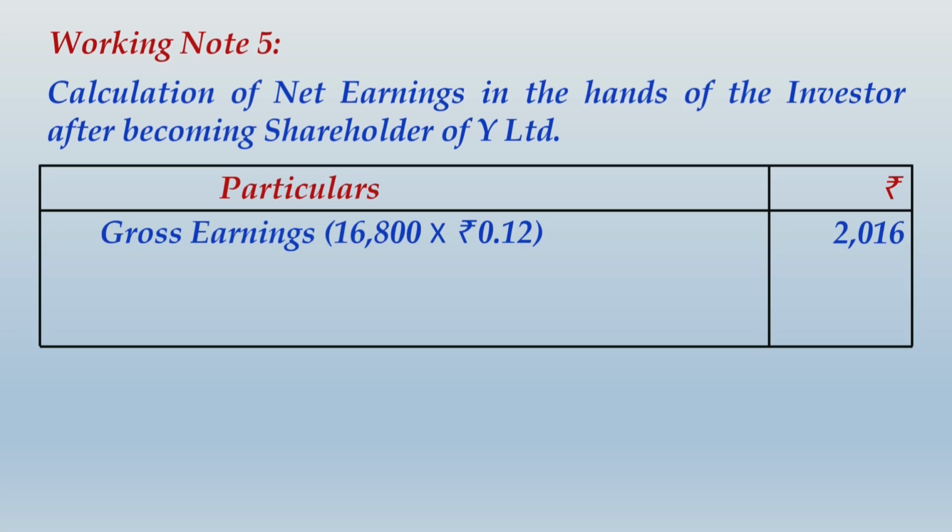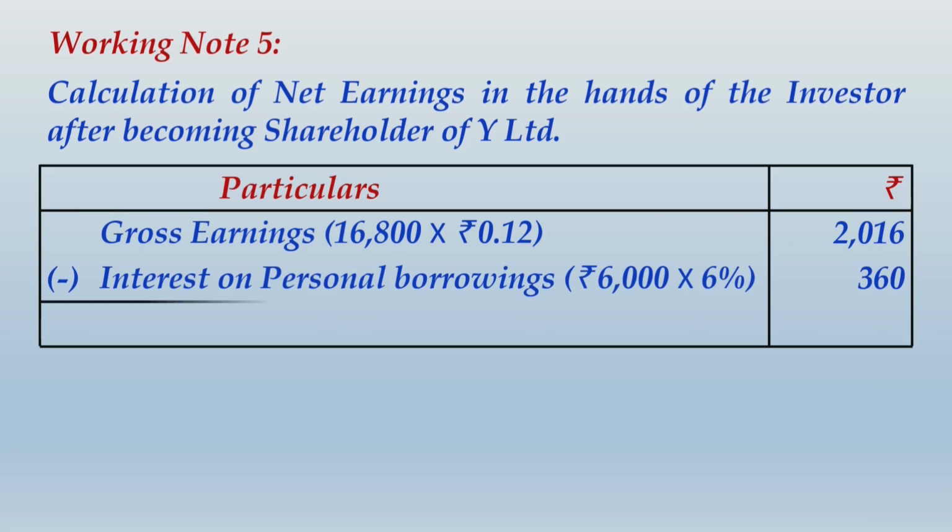So the total earnings or gross earnings will be 16,800 multiplied by EPS of Y company, that will be 0.12. So 16,800 shares now held in Y Limited multiplied by EPS of Y Limited, total earnings or gross earnings will be 2016.